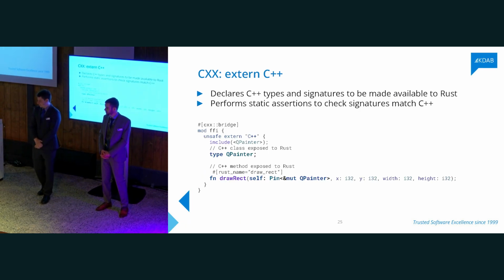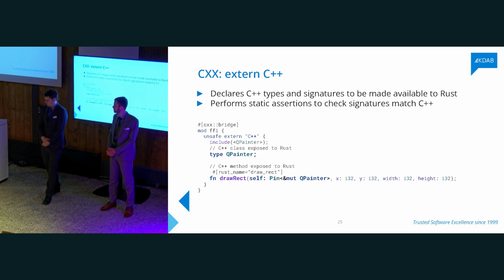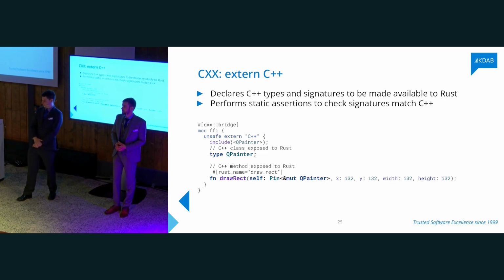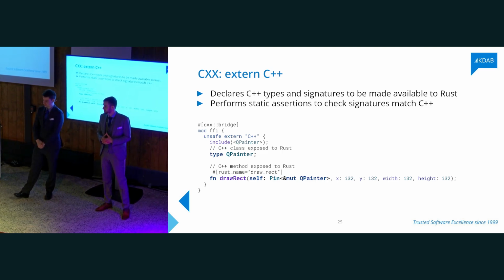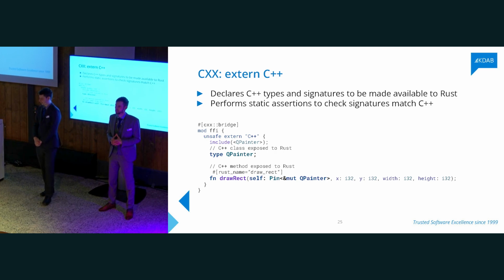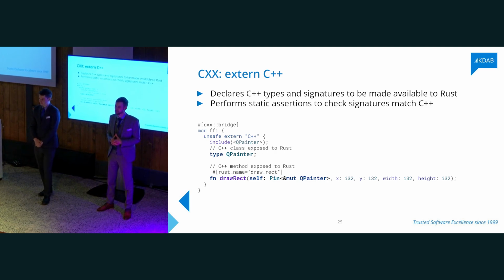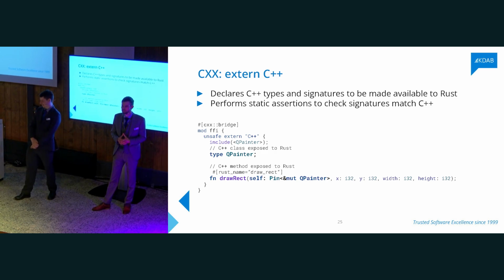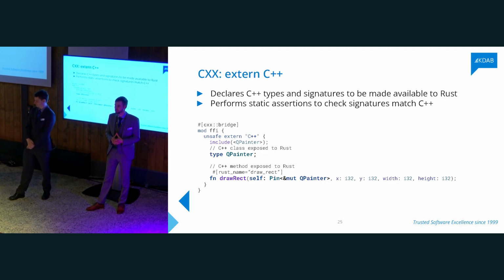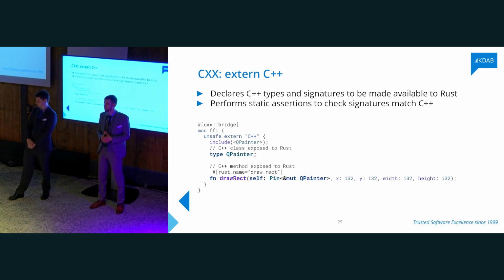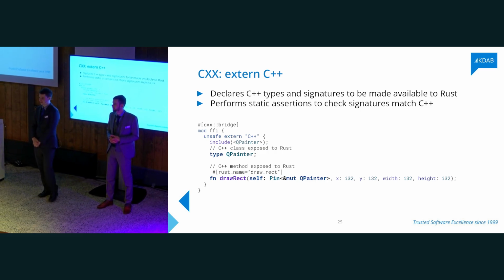So the main invention of CXX is that it adds more extern block types. So Rust already has an extern C block, but this is only useful for C. So it allows you, the first one is to declare an extern CPP block, and this allows you to define C++ types and signatures to be made available to Rust.